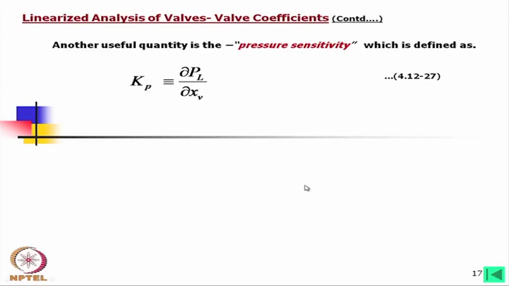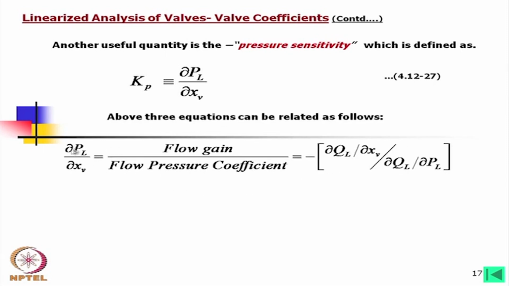How, you can see clearly if you look into the other equations. It can be derived as del P L by del x v, equal to flow gain divided by flow pressure coefficient, and finally we would say K P is equal to K Q by K C.